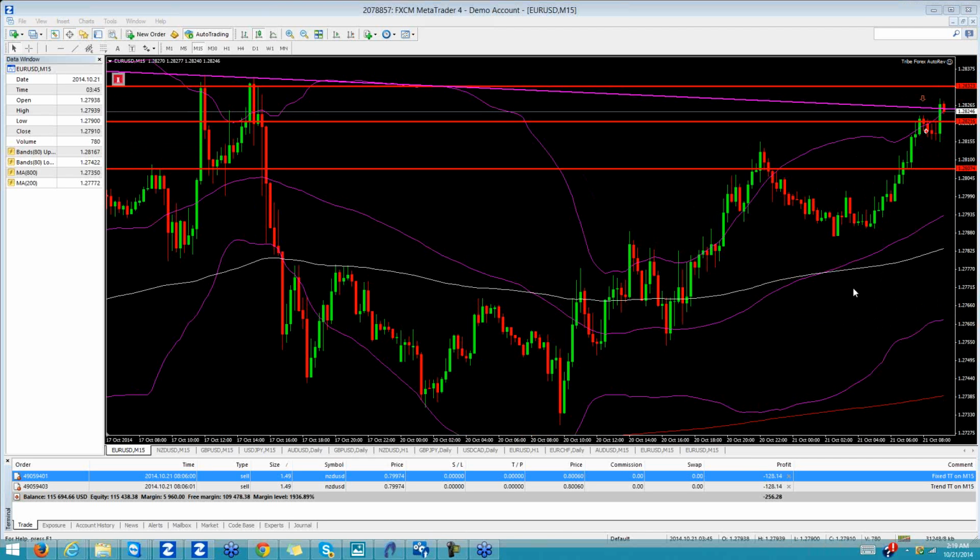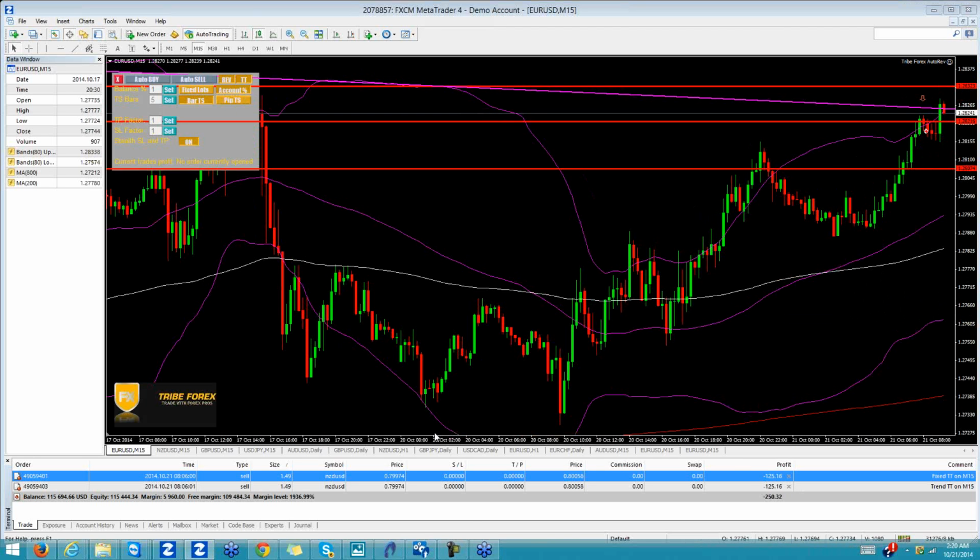What's your lot size, Mike? Lot size should be right there. .01 lots.